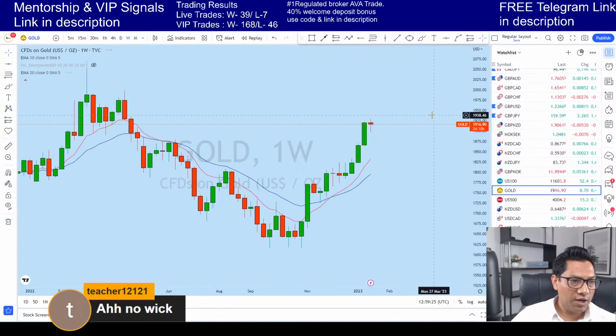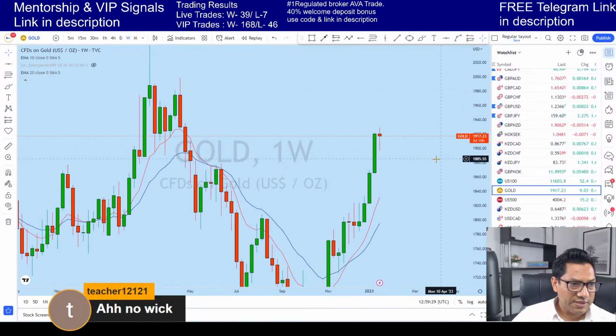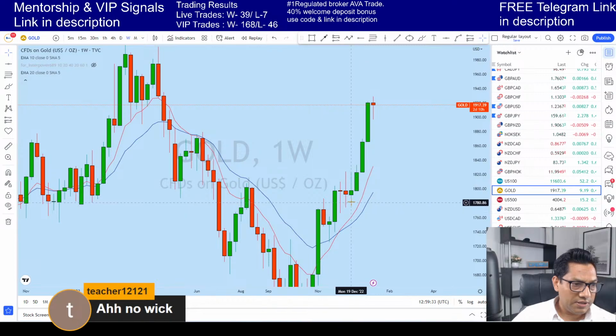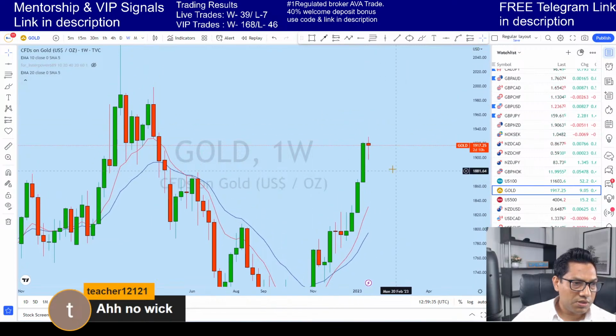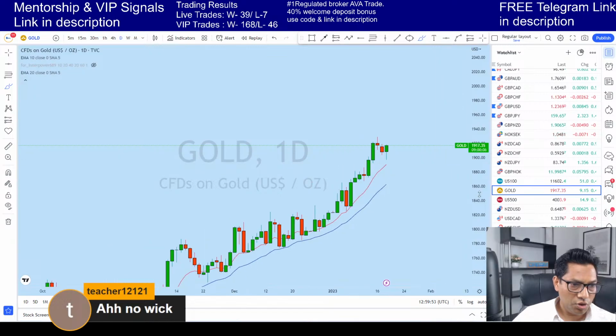If we look at weekly, the same thing we can see on gold: there's a big impulse, and then the sellers tried to push the price low, but instead this market is going up. So we see from the weekly, monthly and daily that there is big bullish momentum.